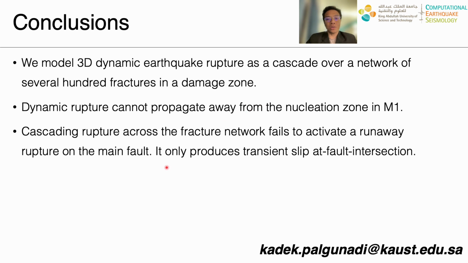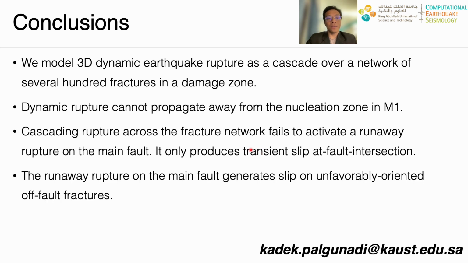Cascading rupture across the fault network fails to activate a runaway rupture on the main fault plane. It only produces a transient slip at the fault-fracture intersection. And finally, the runaway rupture on the main fault generates slip even on unfavorably oriented off-fault fractures.